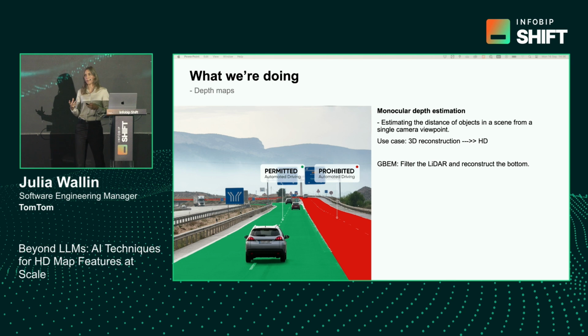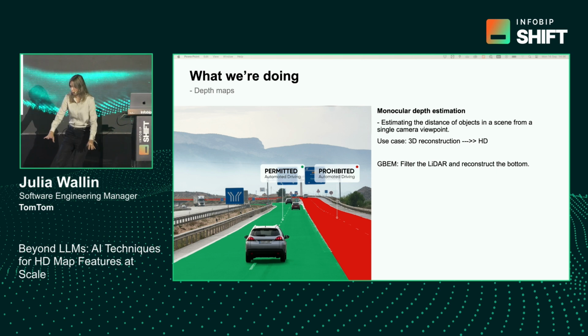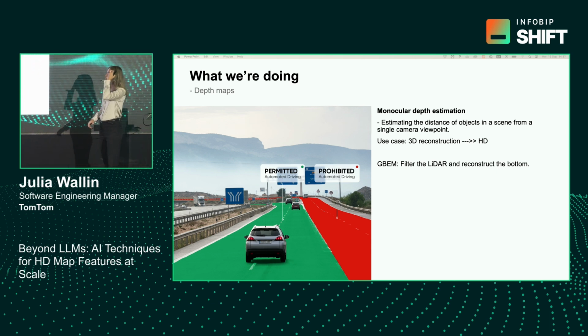And this helps us to build an HD map. And then we use something called GBEM, which is a classic approach to filter LiDAR and reconstruct the bottom, meaning like the actual bottom of the road, etc.